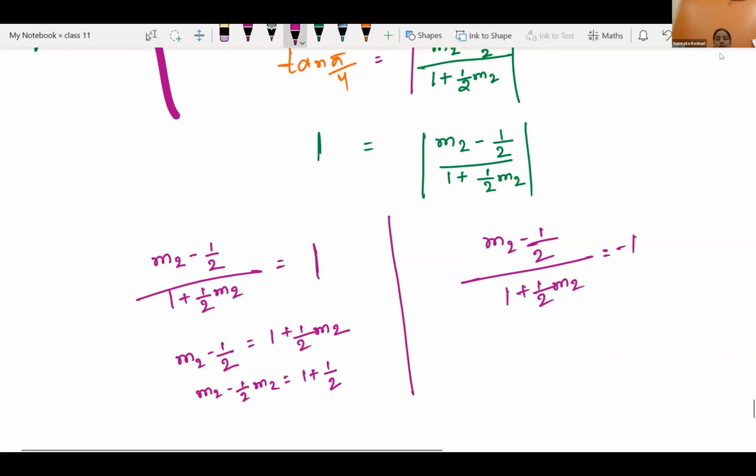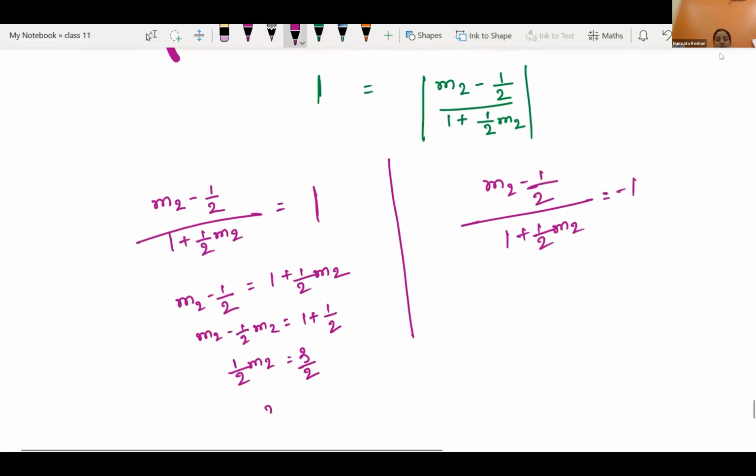What are we getting? 2m2 minus m2, it will be 1 by 2 m2, and 2 plus 1, 3 by 2. So basically your m2 is positive 3. Yes or no? Yes, ma'am.